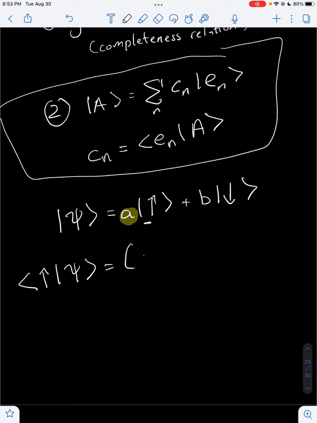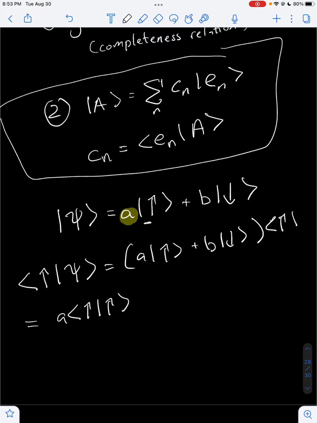So that's just A times spin up plus B times spin down times spin up. That gives us A times, this should be the dual, the covector spin up. So this just gives us A times spin up times spin up plus B times spin up times spin down.